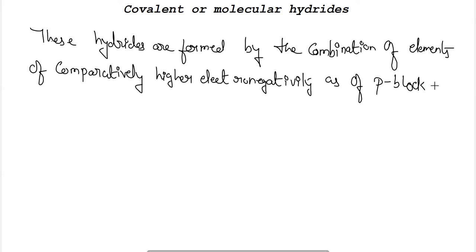Generally, the elements of the p block form this kind of hydrides, that is, molecular or covalent hydrides.